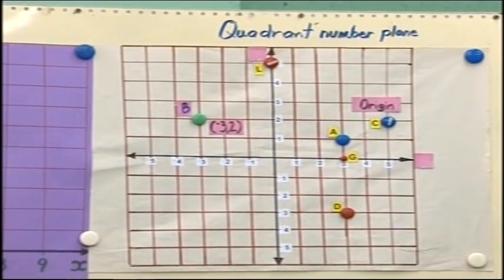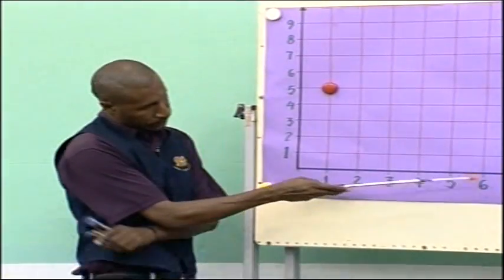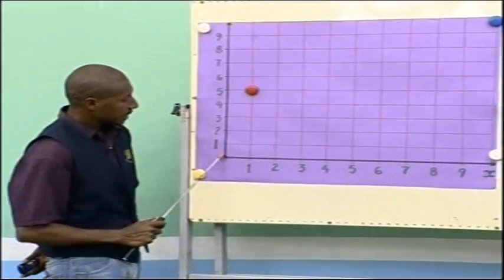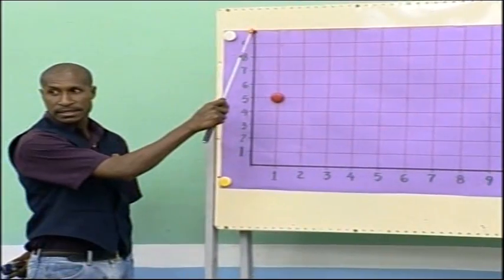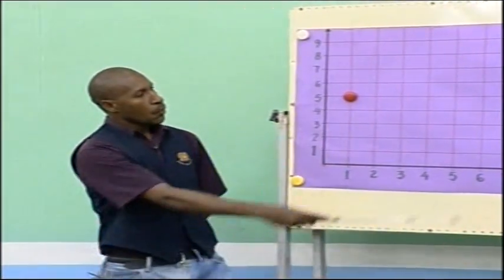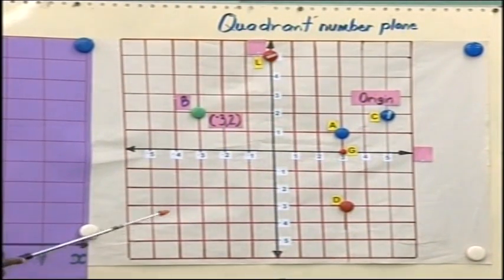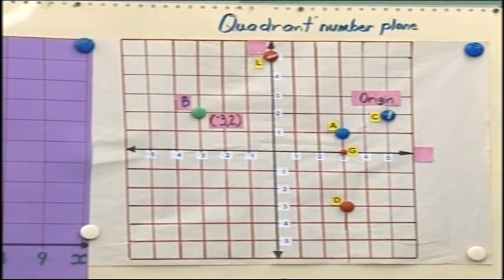Now, on this quadrant number plane, I'd like someone to come up to the board and show me where the y-axis is. Class, in this number plane, we said that this is the x-axis and this is the y-axis. Now, which of these lines shows the y-axis and the x-axis on this quadrant number plane? We will have a boy and a girl to show one of those two.